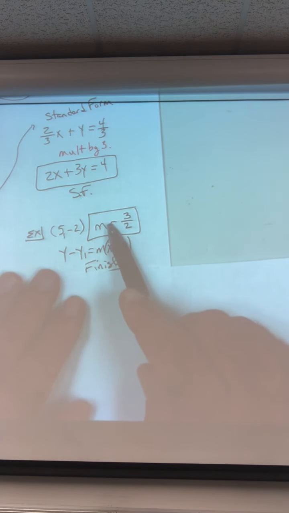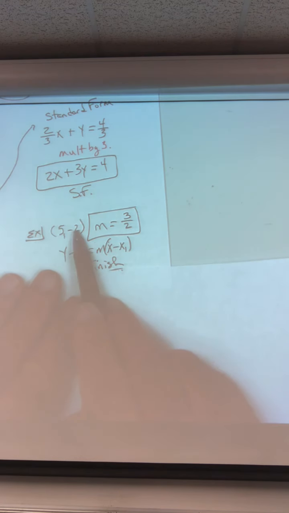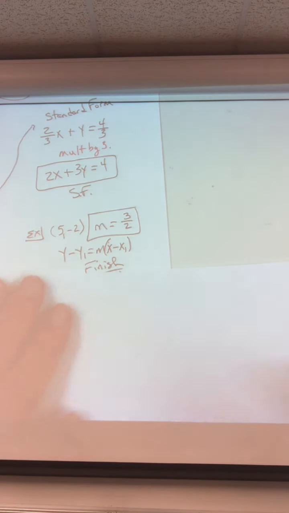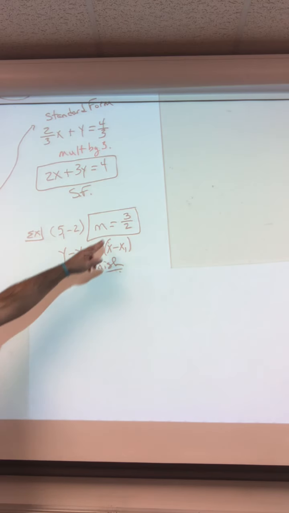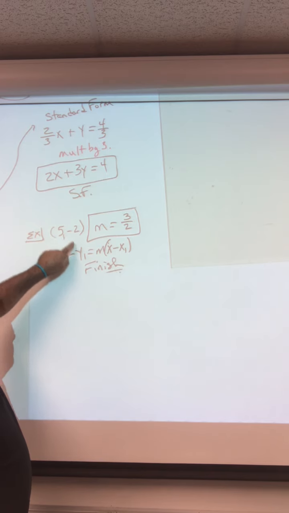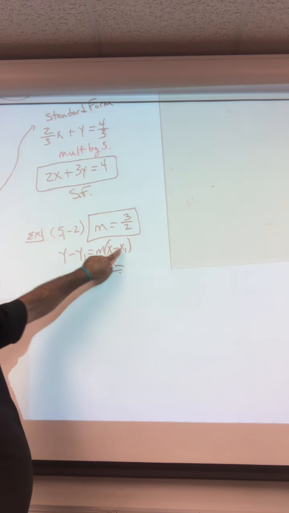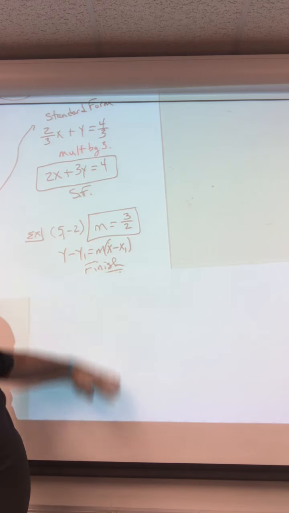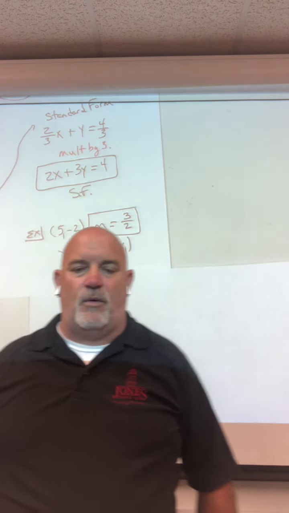Now, we're not finished. So what you'd have to do to finish this problem, here's your point, here's your slope now. And then you go through and work it just like we did the last example. You're just not using negative 2/3, you're using positive 3/2. So the x1 goes here, the y1 goes here, the slope goes there, and go through and put it in slope-intercept form.